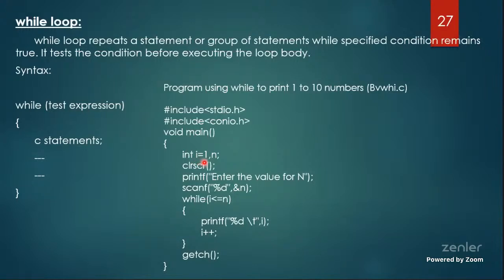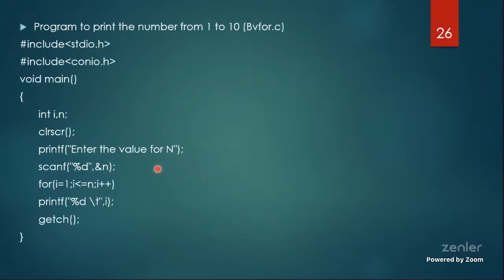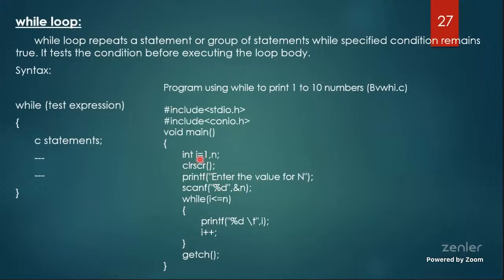In the previous for loop example, I had entered i is equal to 1 there, and later in that part we were checking. The same concept is applied here, but I have initialized the i value separately. So I will be taking the n value here.